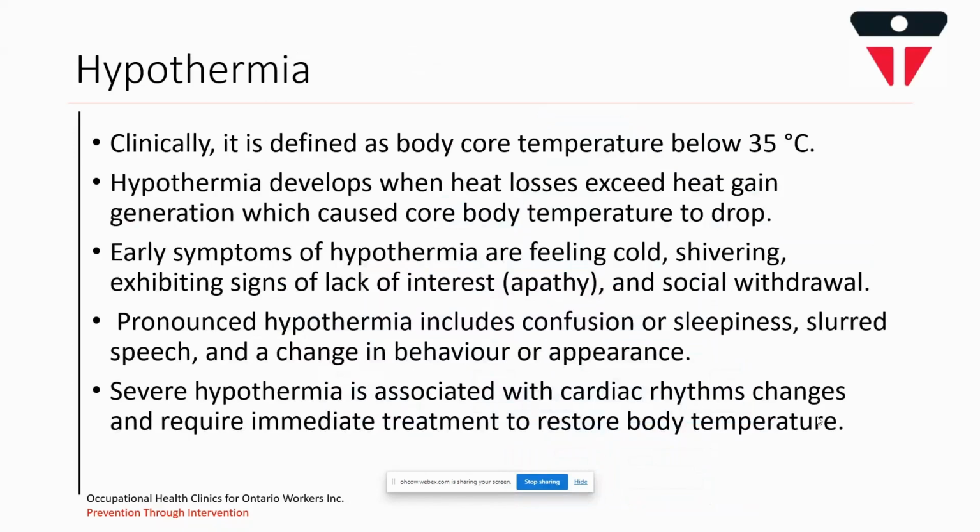Hypothermia is clinically defined as body core temperature below 35 degrees C. The early symptoms of hypothermia are feeling cold, shivering, and exhibiting signs of lack of interest and social withdrawal. But as hypothermia progresses, these symptoms turn into dizziness, slurred speech, and change in behavior or appearance.